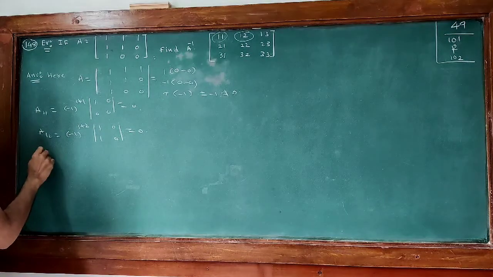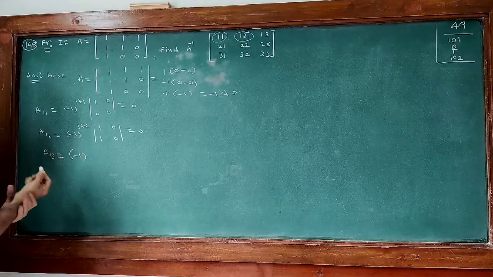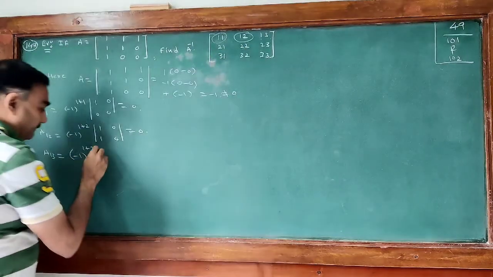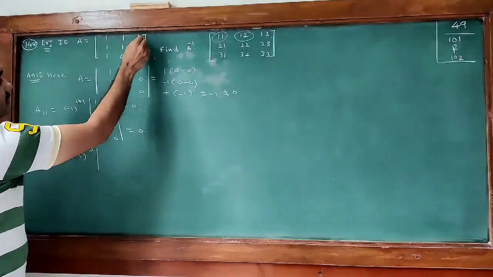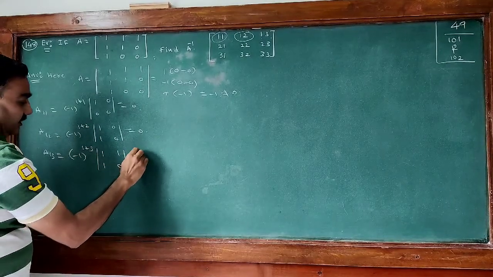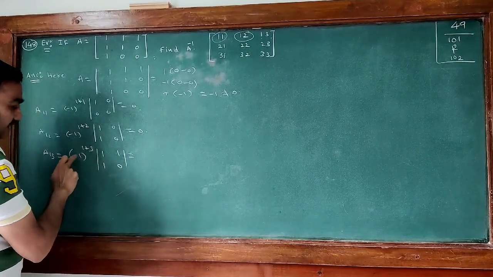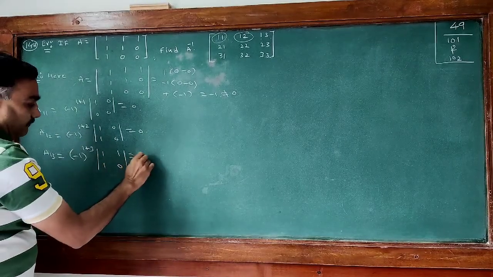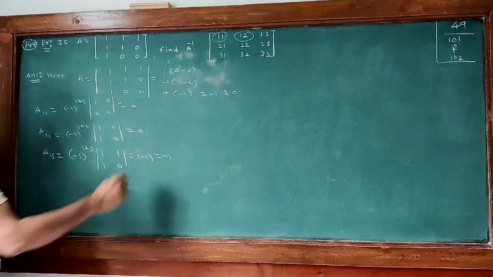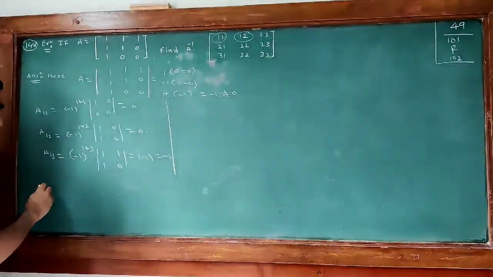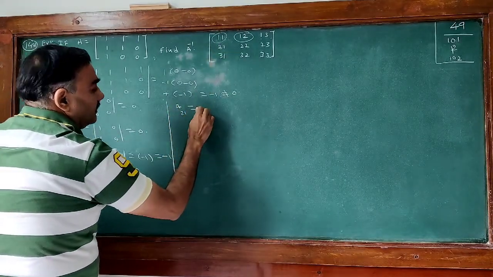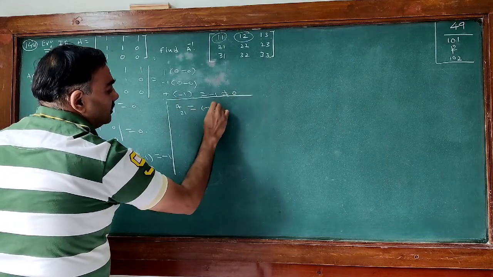Then we are finding A13, minus 1 raised to 1 plus 3, first row and third column. We are not taking this row and this column, so it is 1 0, 1 1, which gives plus 1 times minus 1 raised to 4, so this value is equal to minus 1. Then A21, minus 1 raised to 2 plus 1.